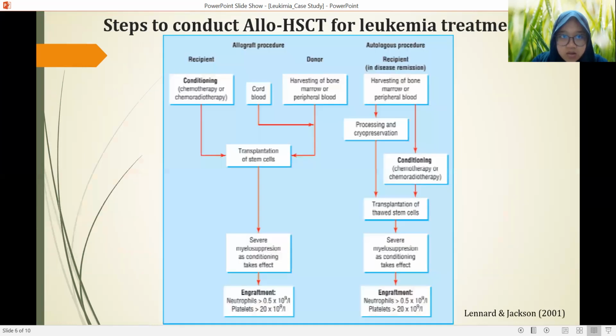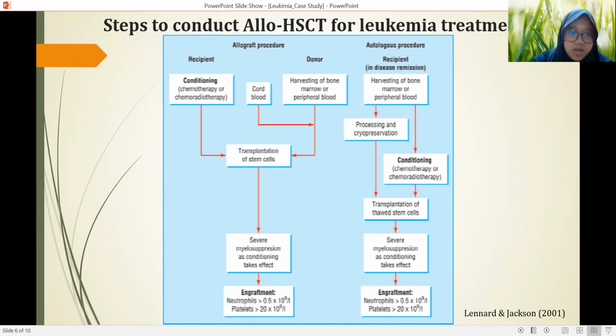Okay, now we go on to the next slide about steps to conduct allo-HSCT for leukemia treatment. So this is the overall procedures to conduct the allograft, simply called allo-SCT. Allo means allograft, so there are recipient and donor.